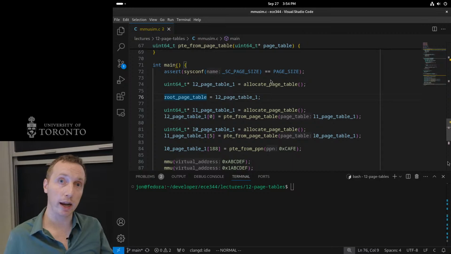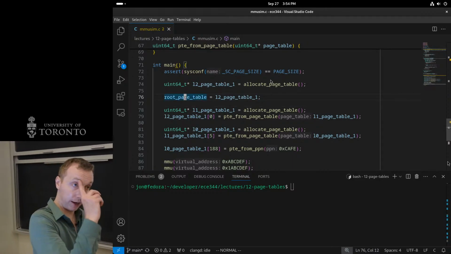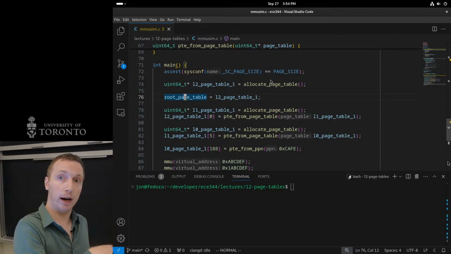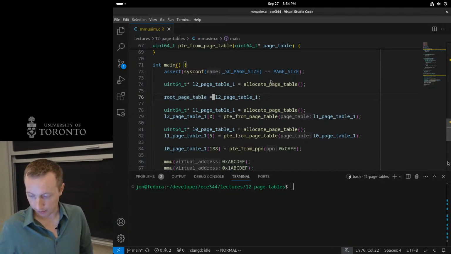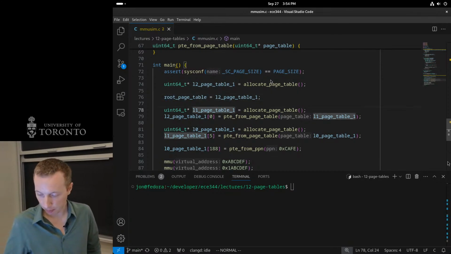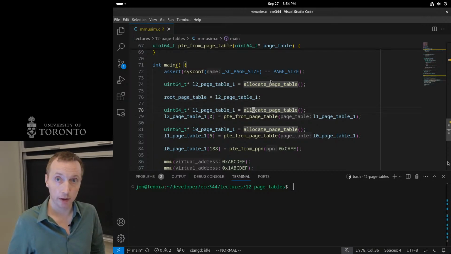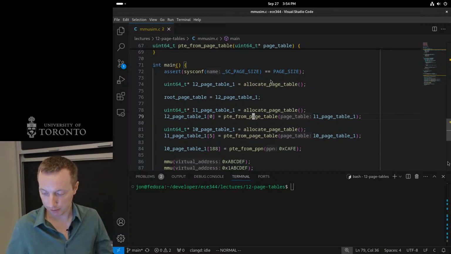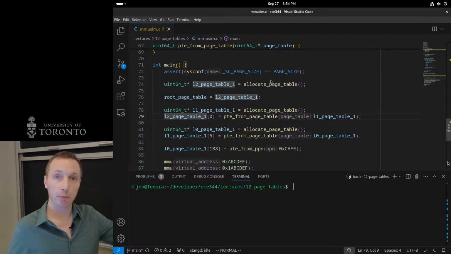I only have 1 L2 page table, so I would set that as my root page table. That will be used to actually do the translation whenever I try and access virtual memory. So I set it to this page table, and then I create an L1 page table. This allocate function just gives me a new block of memory. And then in my L2 page table, I have to point to it.